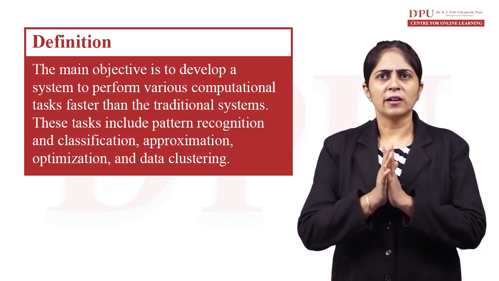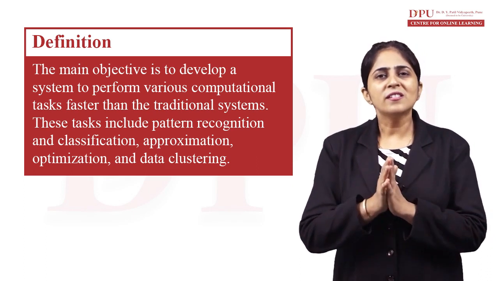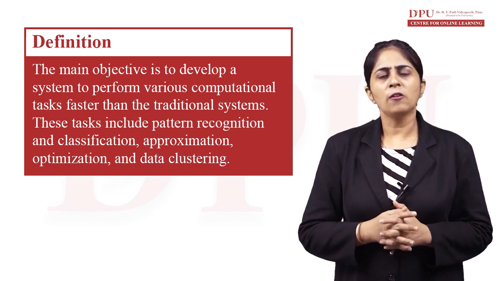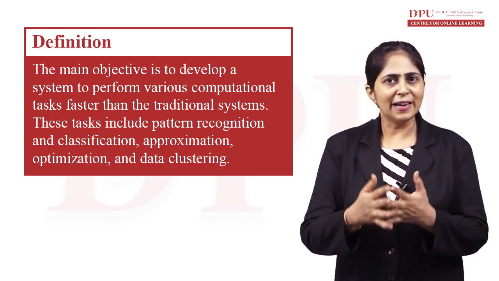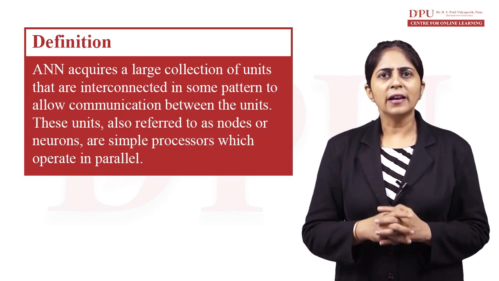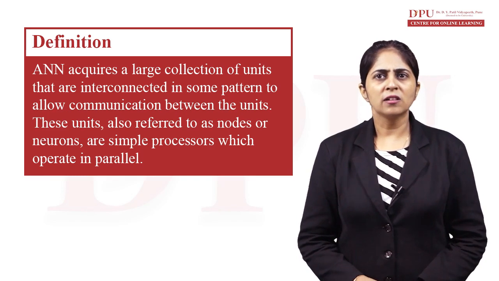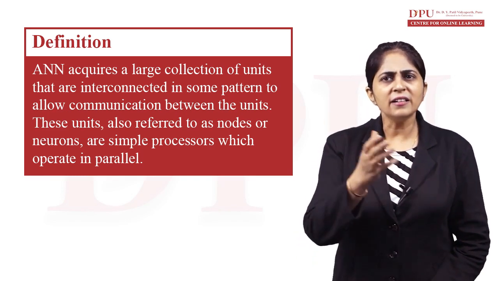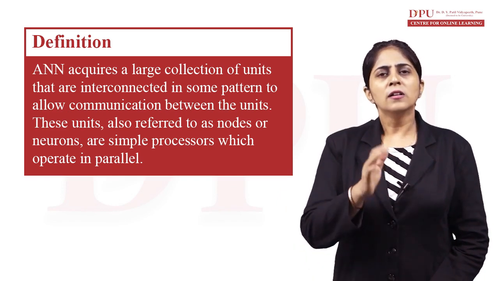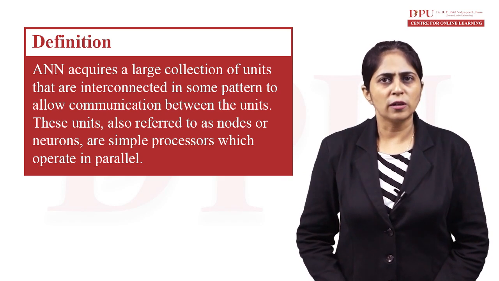An artificial neural network is an efficient computing system where the central theme is borrowed from the analogy of the biological neural network. An artificial neural network acquires a large collection of units that are interconnected in a certain pattern to allow communication between the units.